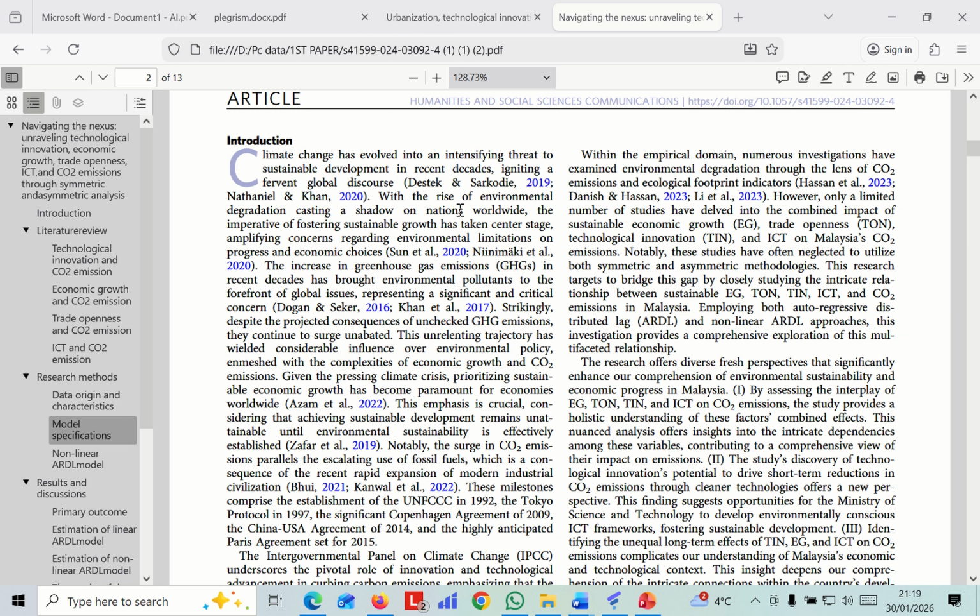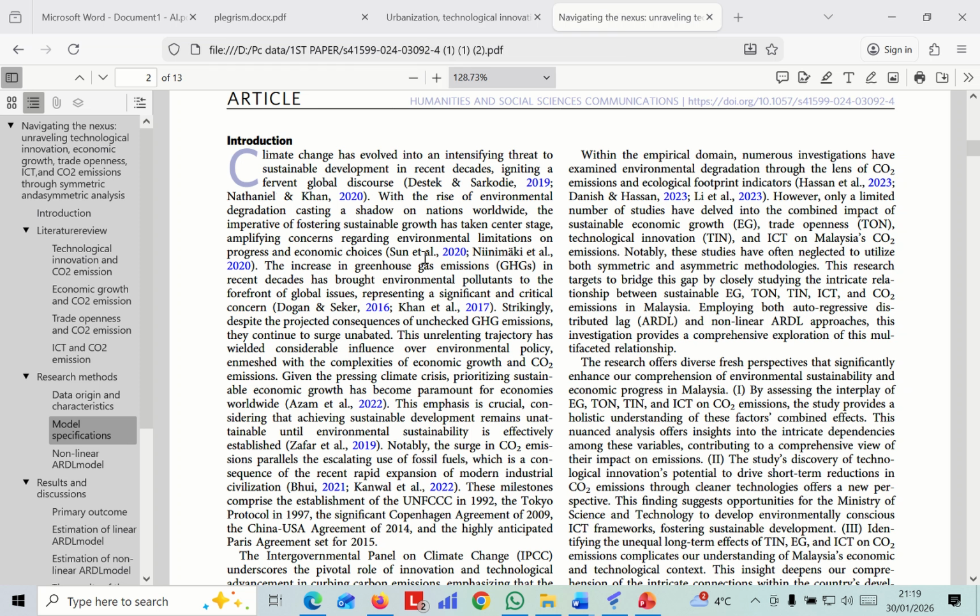They explain that climate change has become a serious threat to sustainable development worldwide. They also mention that environmental degradation and greenhouse gas emission, especially CO2 emission, are increasing rapidly.